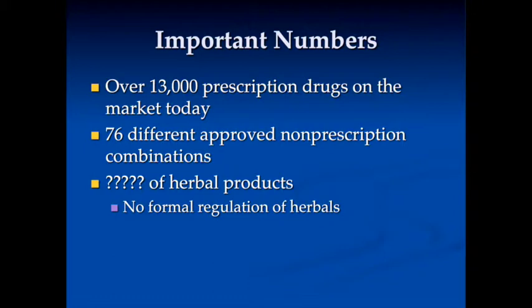That's just this plus this, and this plus this plus this. And so there's a lot of stuff out there. And I've already mentioned, with herbals, we have absolutely no idea. There are so many different types in this combination with this combination that it's very difficult to keep track of everything.